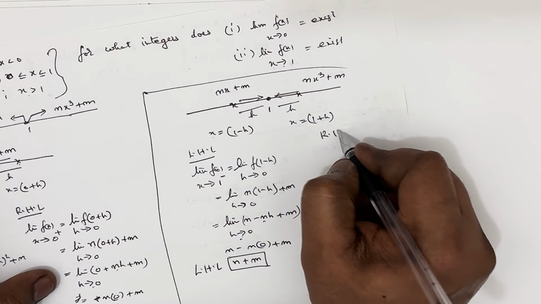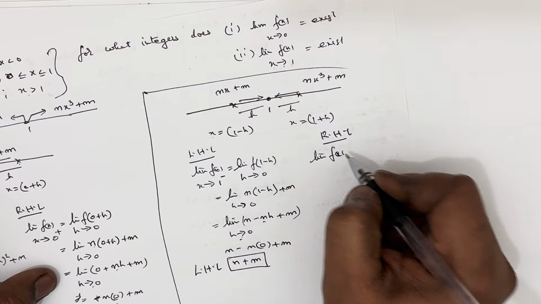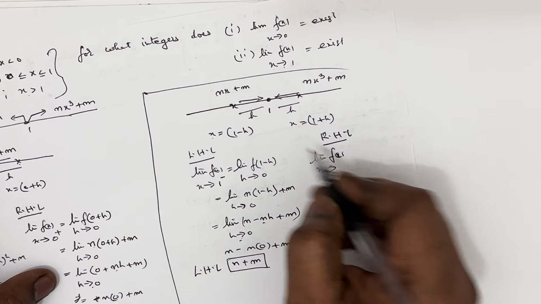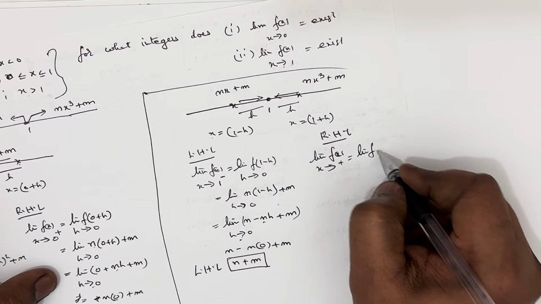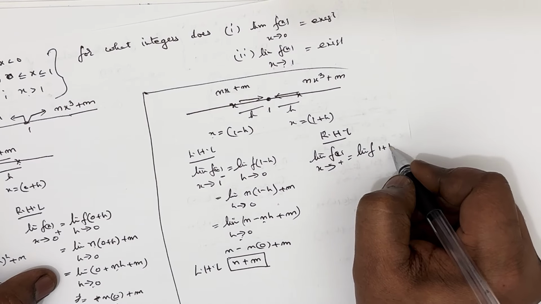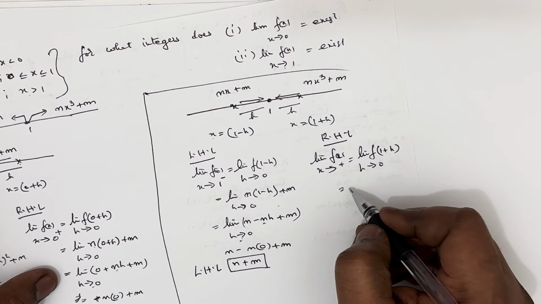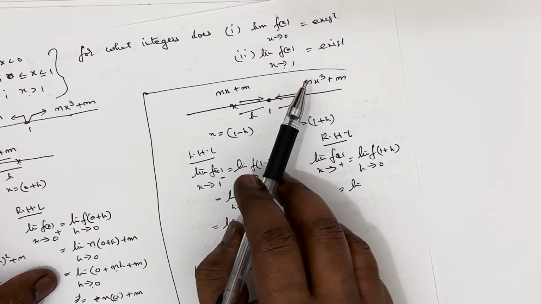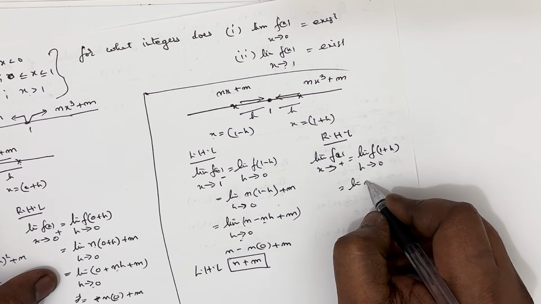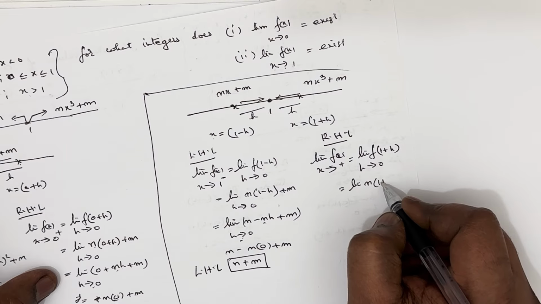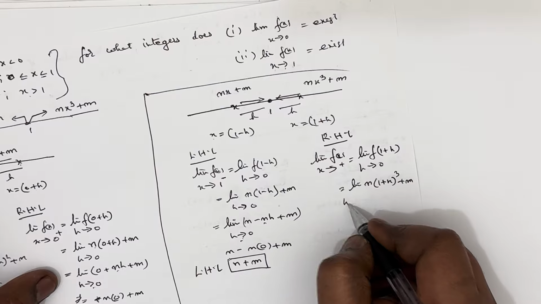Now the right hand limit of the function as x approaches 1 from the right hand side is equal to limit f of 1 plus h, h tends to 0, which is equal to limit, now replacing x with 1 plus h, we get n multiplied by (1 plus h) whole cube plus m as h tends to 0.